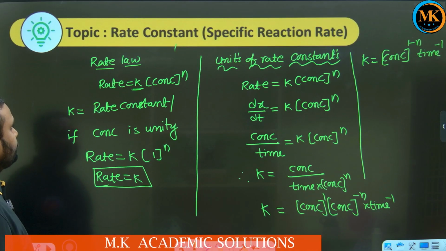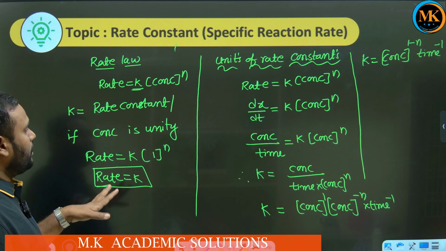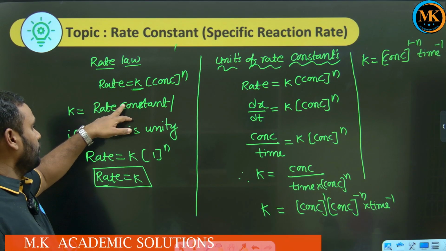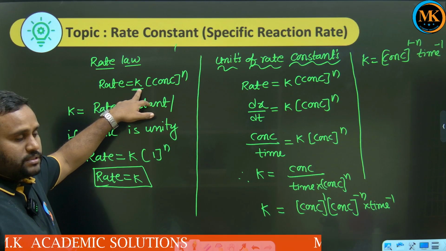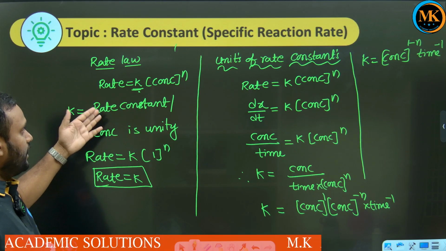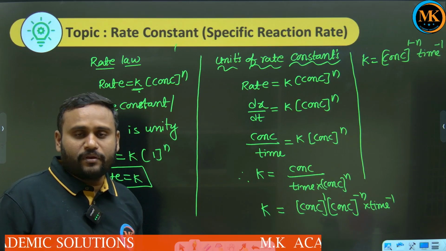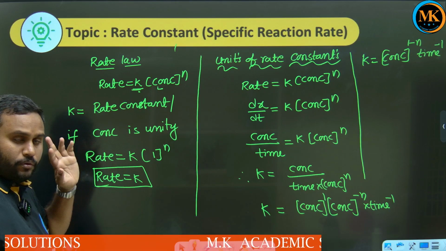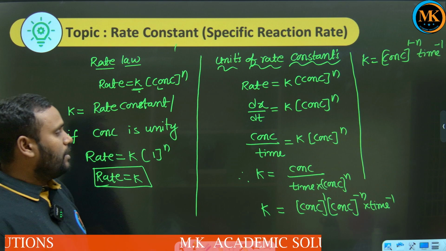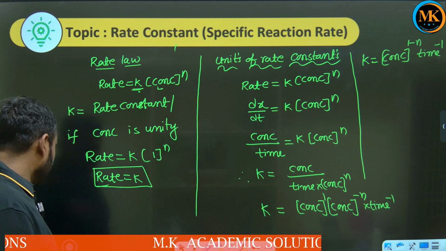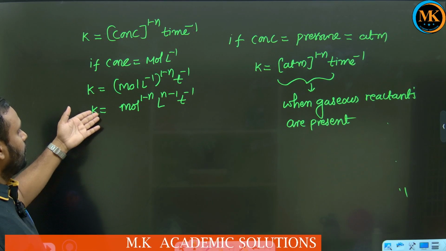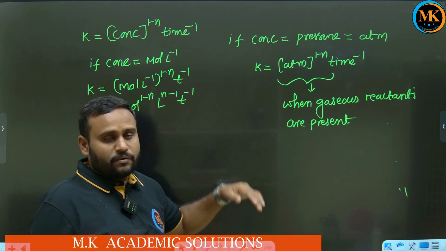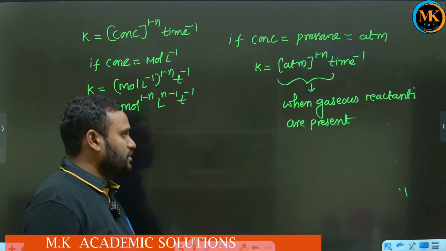And next, the specific rate constant. What is the rate constant? To remove the proportionality, we keep the rate constant. The rate constant is also called the specific rate of reaction. When the concentration terms become unity, rate equals rate constant. And what are the units of K? We have derived the general units of K when we take molar concentration, and when you take partial pressure.